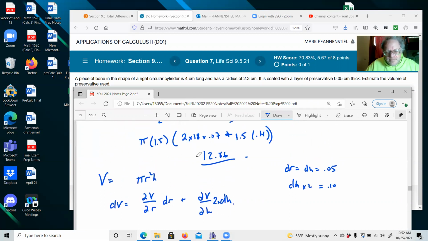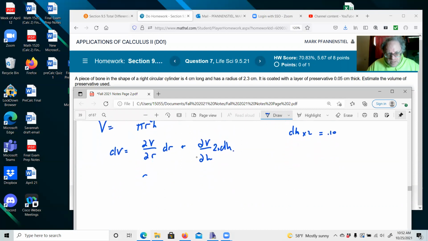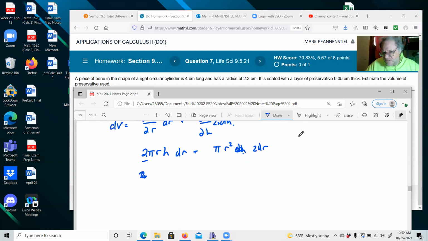So we are going to have 2 pi r h dr plus pi r squared times dh. Okay, and again, we do have our volume thing going on here. So here we go. Actually, you know what? We're going to do this 2 dr because that's equal to dh, right?